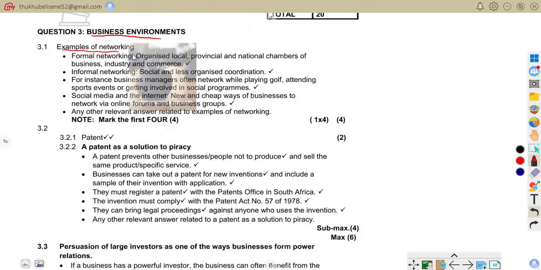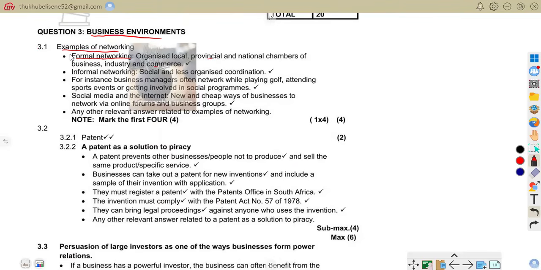The examples of networking. So we are talking about formal networking. That's when you talk of organized provincial and national chambers of business, industry, and commerce. It means you're talking about organized and structured networking through official business bodies. For example, a business owner joins the Chamber of Commerce to meet other businesses.